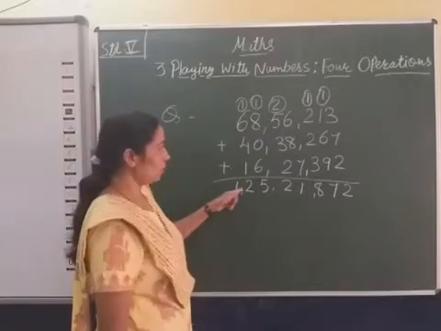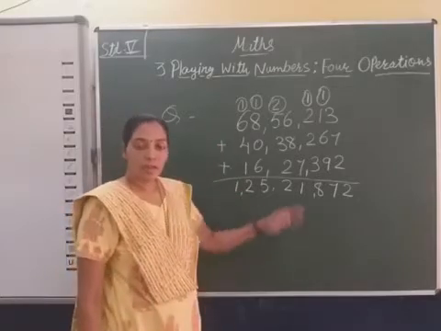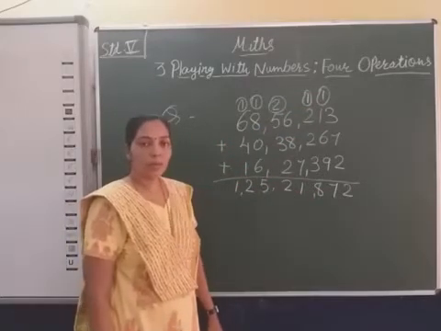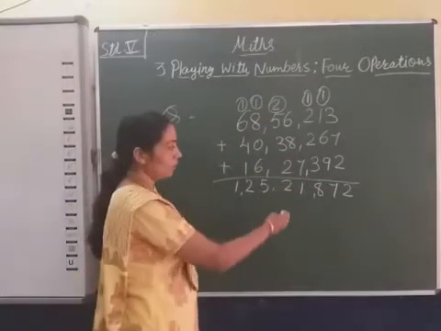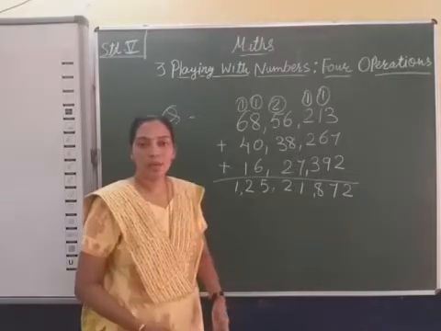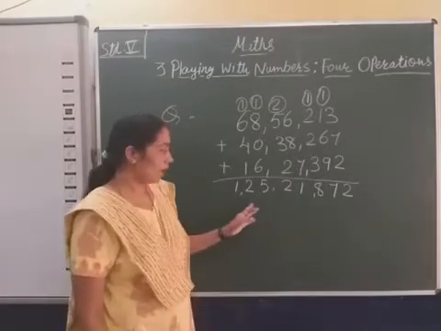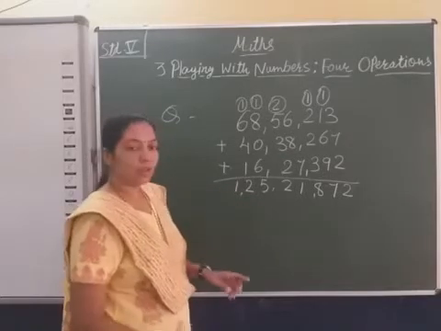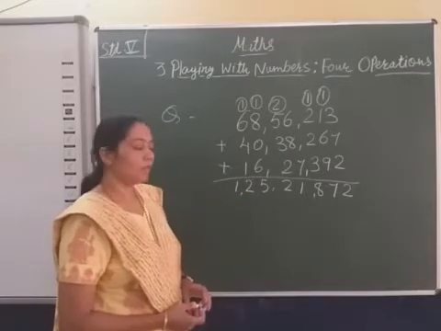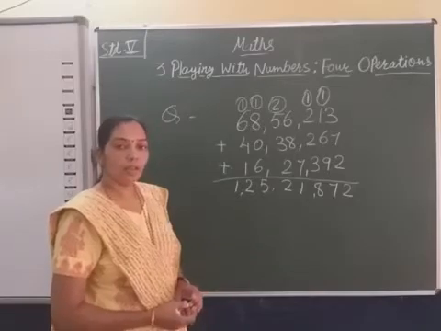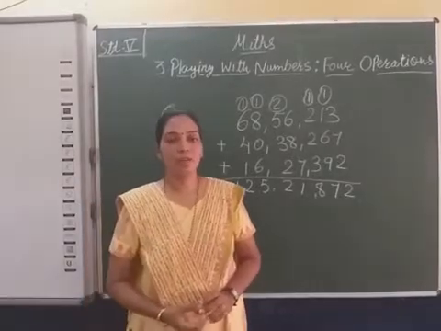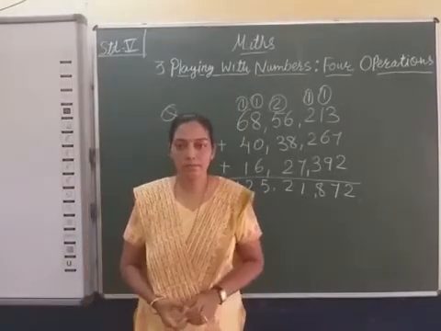Whenever you write the number, keep in mind that you arrange it on the place value. Then we find the correct value of that number. So we read this number as 1 crore 25 lakhs 21,872. Now students, we do the practice for subtraction.